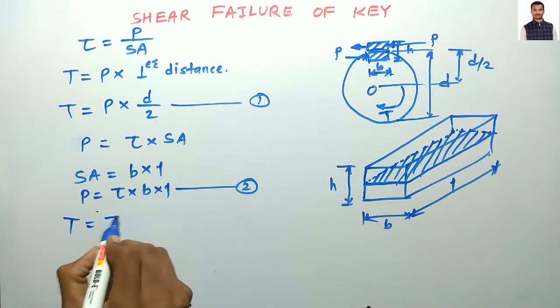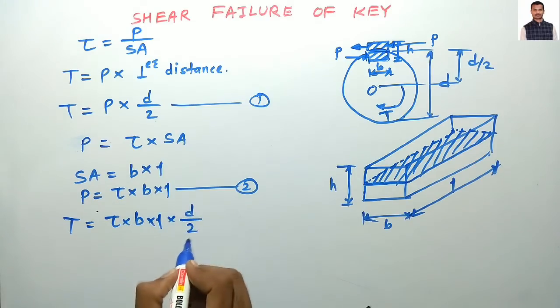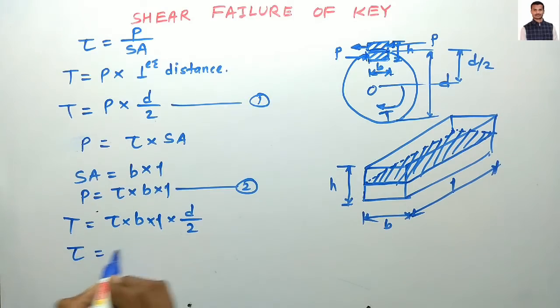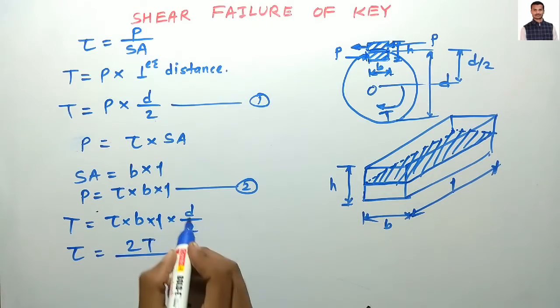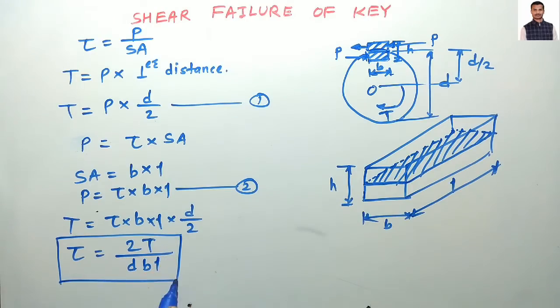So torque is equal to tau b l into d by 2. This 2 goes on the other side, and tau is equal to 2T divided by d b l. So this is the shear stress in case of key.